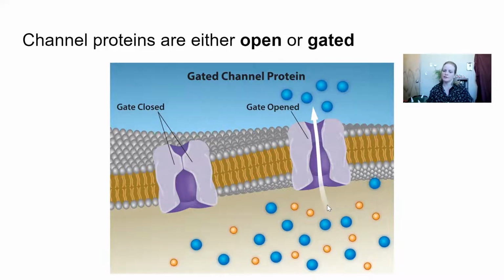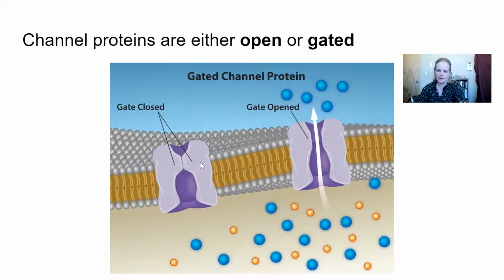They're diffusing according to the concentration gradient, and there's no control over that other than that they have to go through these proteins. And here's another example, where it's a gated channel protein. The cell can actually control whether this gate is open or closed, depending on whether it wants that stuff to diffuse or not.